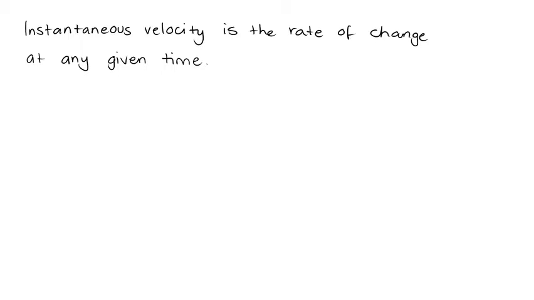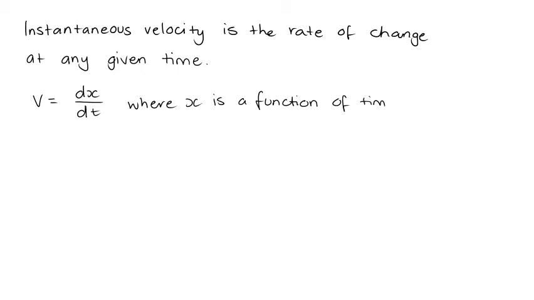So i.e. velocity equals dx/dt, where x is a function of time. Right, so it just means you are taking your x value, so its position, and you're deriving it in terms of time, which we've seen before.